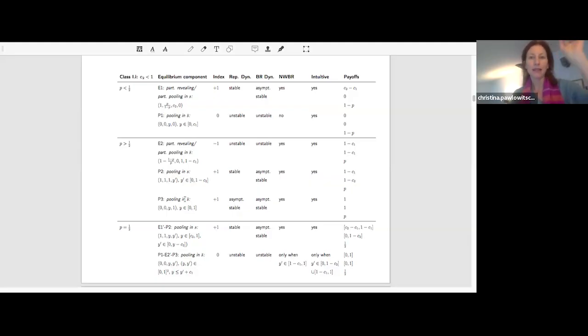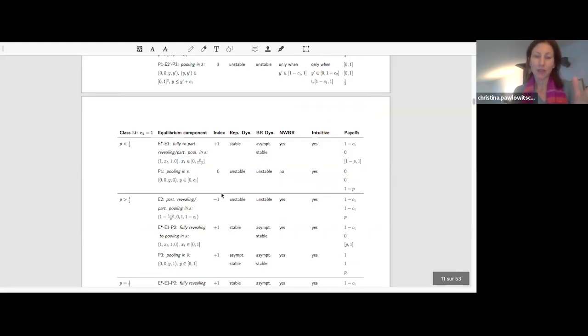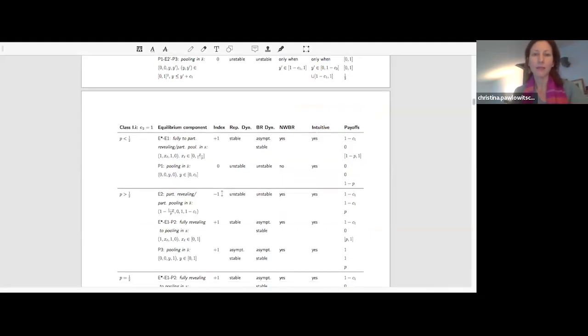And in the middle, dynamically, it will be a saddle point between these two equilibrium components. We have a partially revealing equilibrium where the low type never sends the costly signal and the high type sends the costly signal sometimes. I will just mention this without really explaining it.